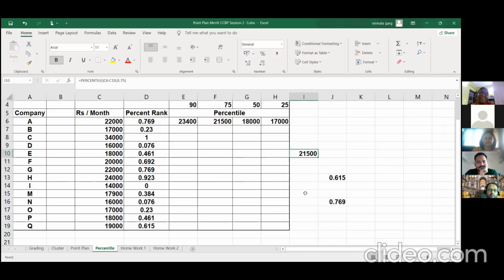Okay. Now, what do you want me to do now? What value do you want me to find out? 17,900. No, 21,500. Okay. So what percentile? Should we do 90th percentile?